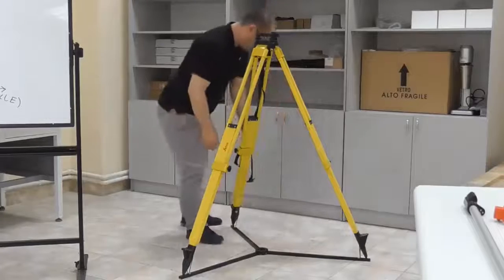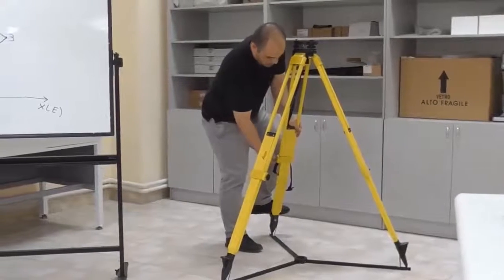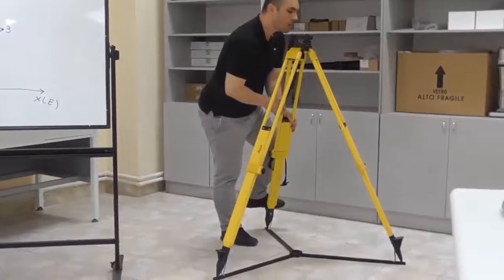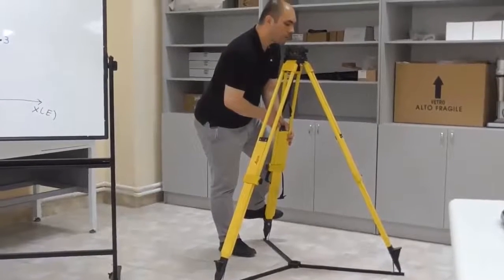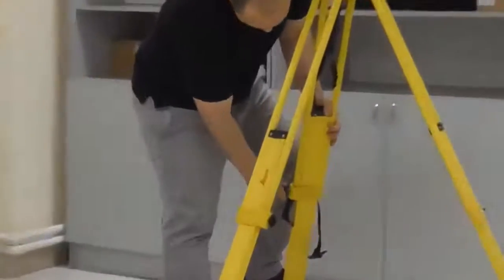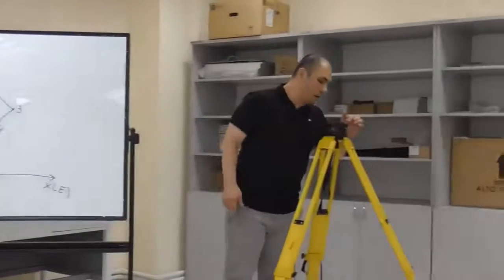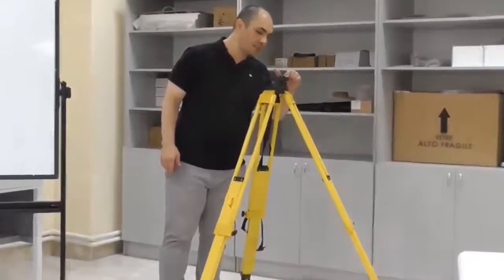Almost done. Now I have adjusted it, and the circular bubble is centered.